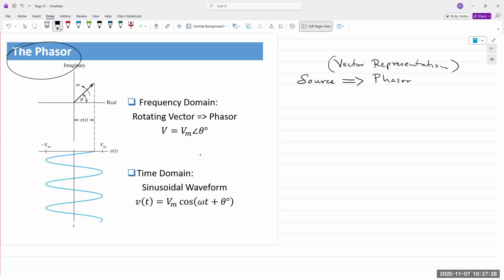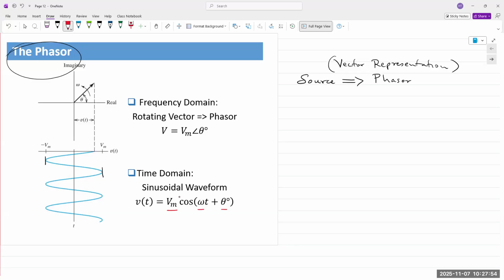But the simplest way to put it is, we have a time-varying waveform like this one, and it has a peak value. The peak value is Vm or Vp, whatever notation we want to use. So it's Vm cos of omega t plus theta. So three different quantities in there.